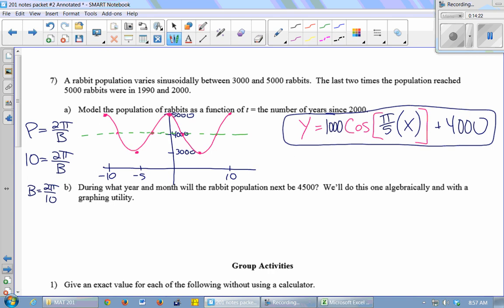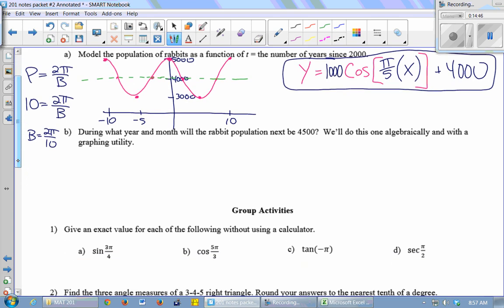Okay. All right, so during what year and month will the rabbit population next be 4,500? So how do I use that 4,500? 4,500 is y. Yeah, so we're using, oh, I should have used a t. That's okay. So x is representing time, y is representing the rabbit population.